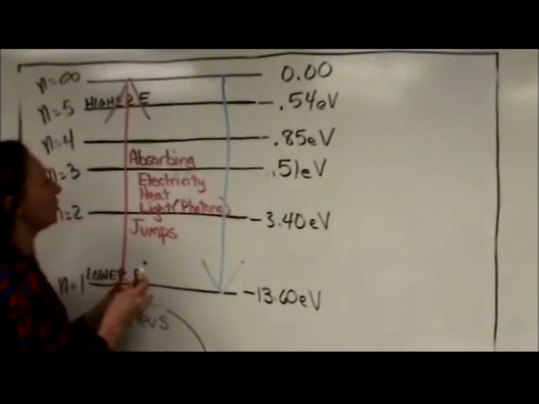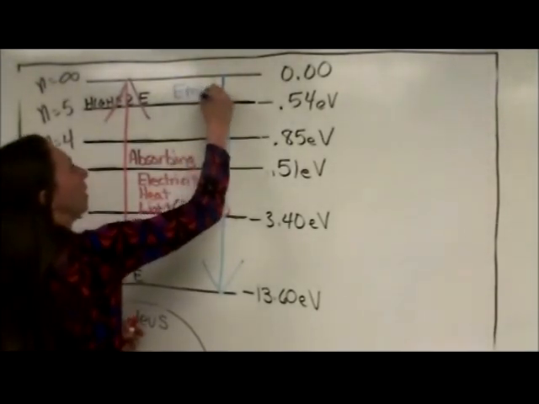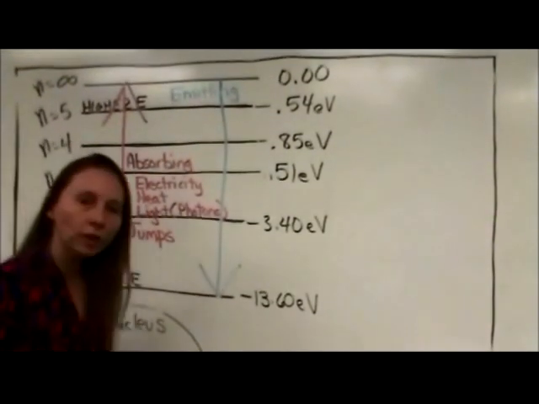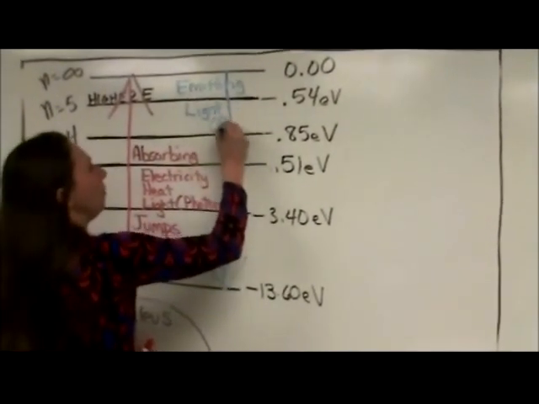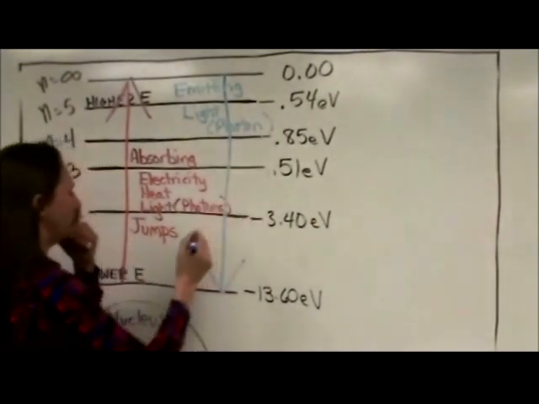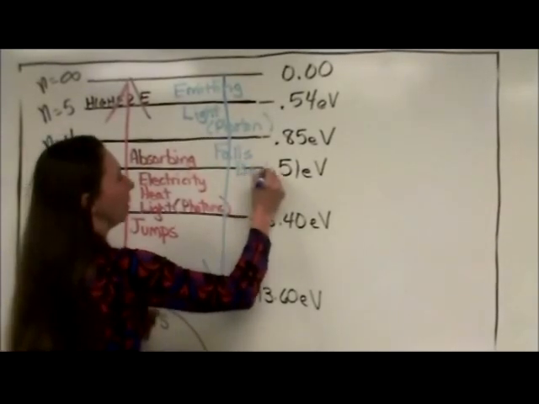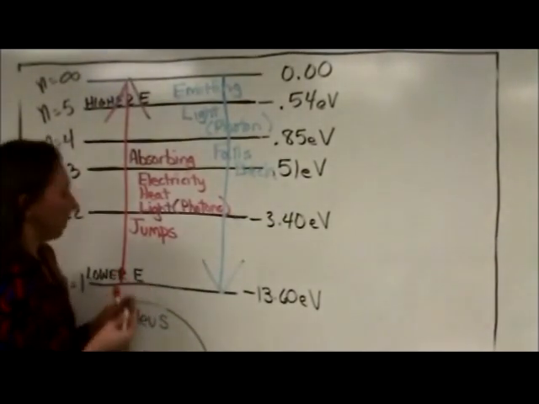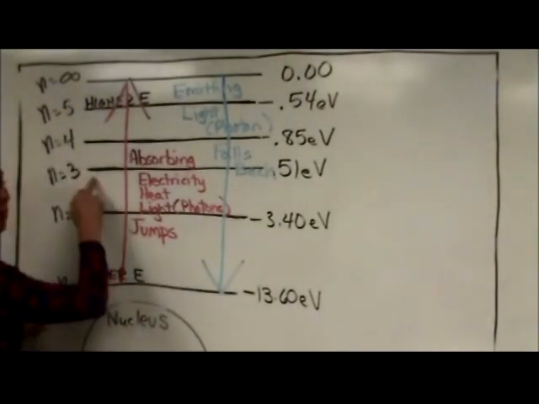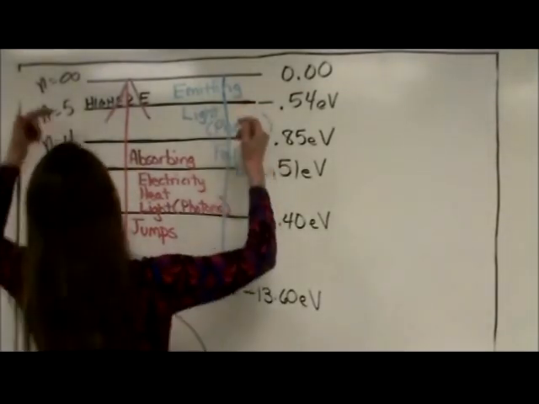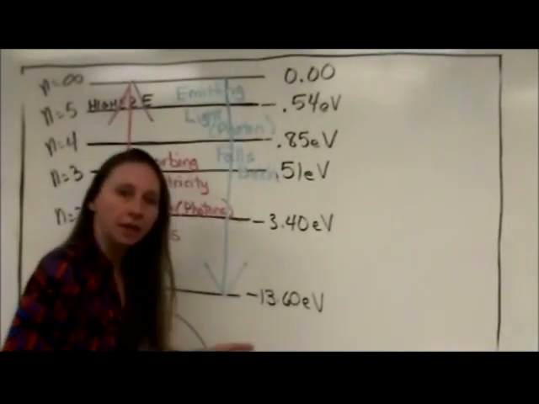When they go in that direction, we say that the electron is emitting energy. The only kind of energy that it can emit is light, and that would be in the form of a photon. And we say that the electron falls back. All right, so when it's going from n equals 1 to n equals 3, it's absorbing. When it's going from, for example, n equals 5 to n equals 2 in this direction, it's emitting.